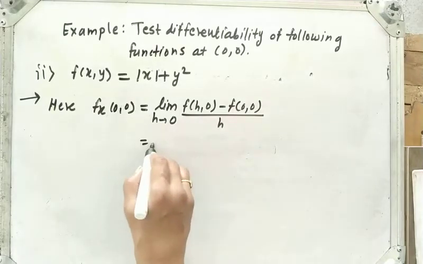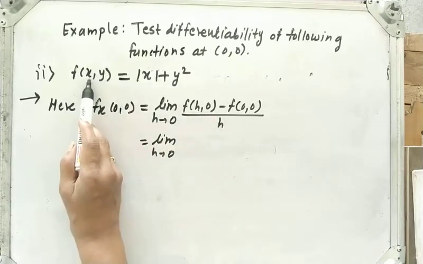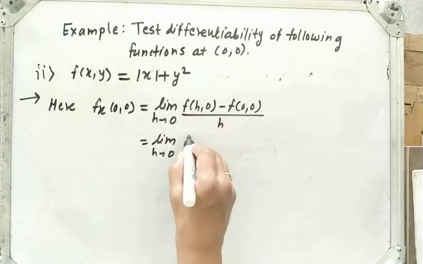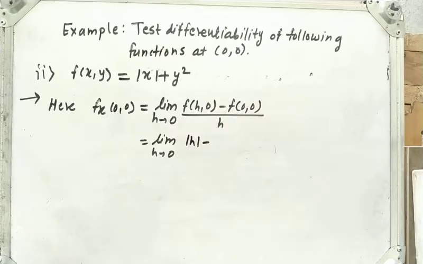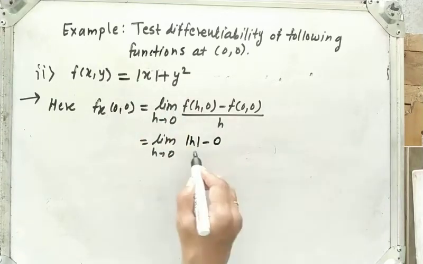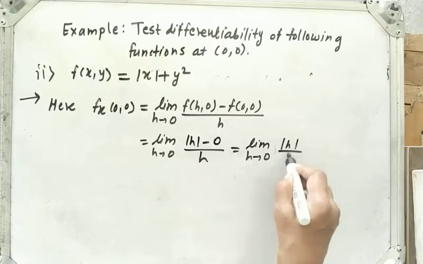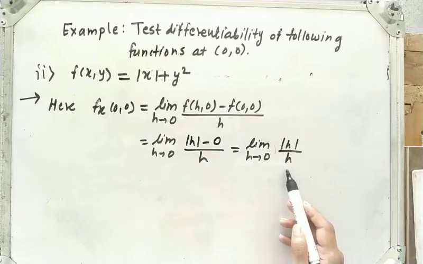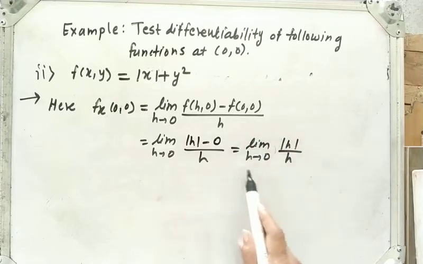So that will be limit h tends to 0, f(h, 0) will be, put h in place of x and y is 0, so it will be mod h plus 0, that is mod h, minus f(0, 0), which is mod 0 plus 0, that will be 0, upon h. That is limit h tends to 0 of mod h upon h. Now this limit does not exist. We have seen that its left hand limit is minus 1, right hand limit is plus 1. We get different limits, therefore this limit does not exist.